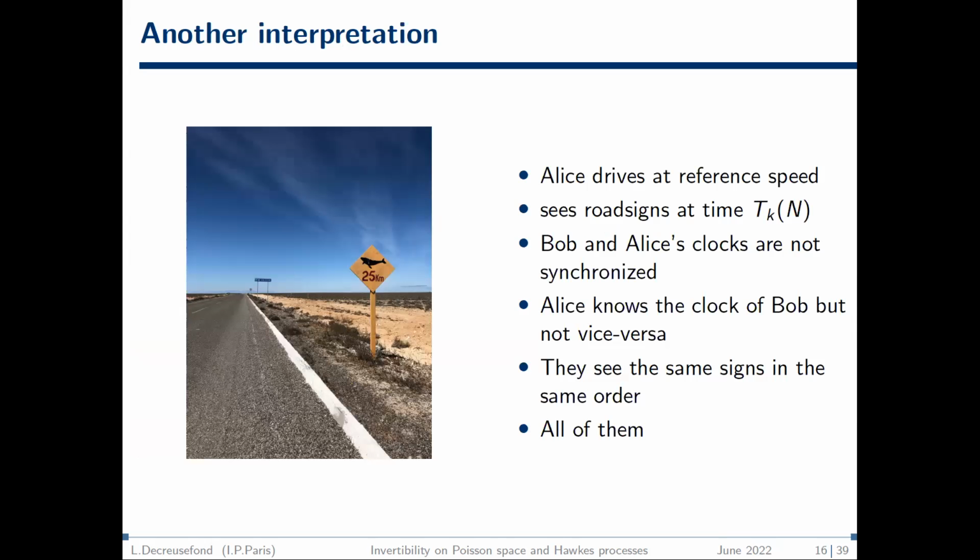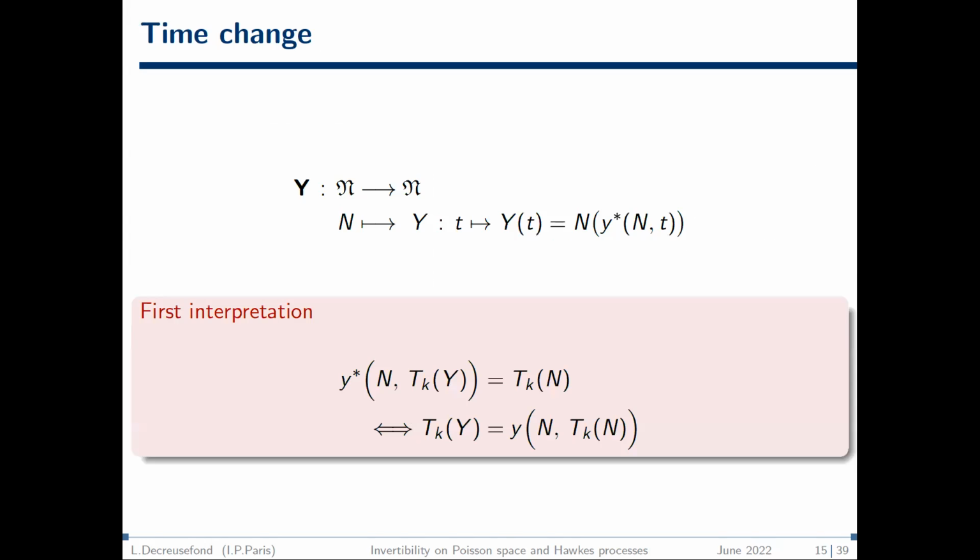Sorry, so your Y was a random process also? Y is just a map from N. Small y is just a map from Gothic N to R plus. It's a process which takes a point process and gives you an increasing function. Continuous, strictly increasing function. That's all it is. And it's predictable. That's the only idea. It's a time change.